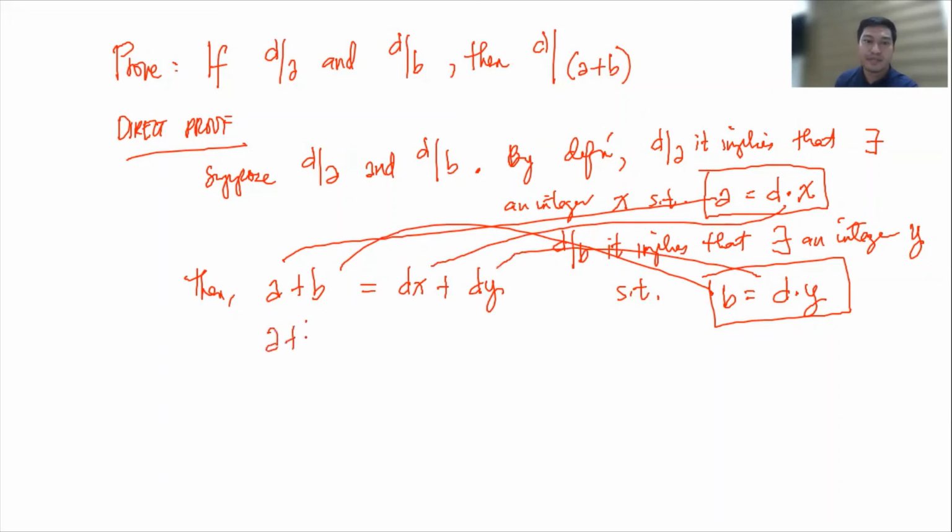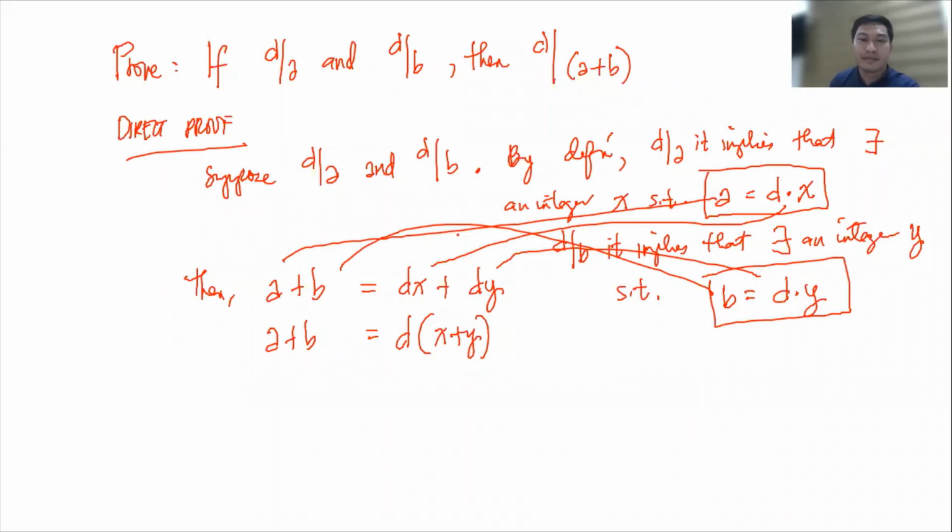So if you have A plus B, you can put the d outside. You can have x plus y because we wanted to have this. So if we have b and dy here.